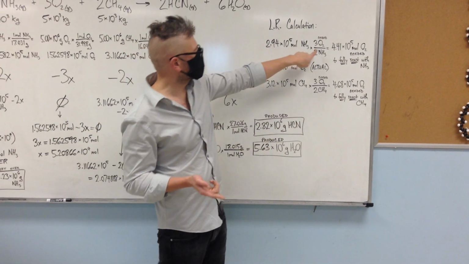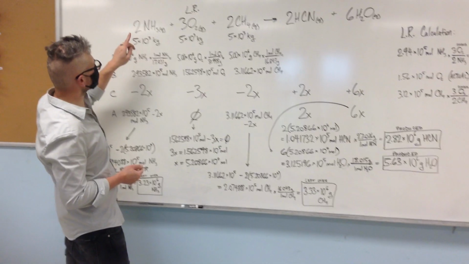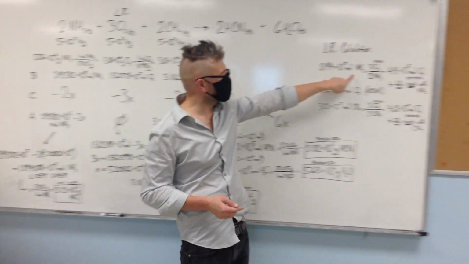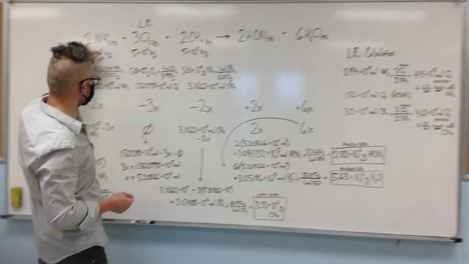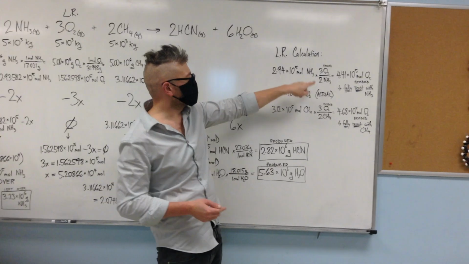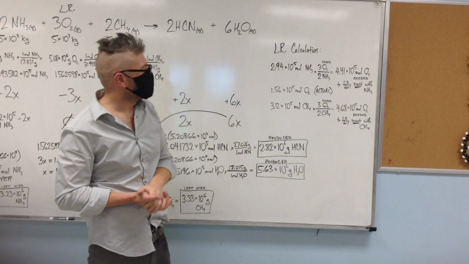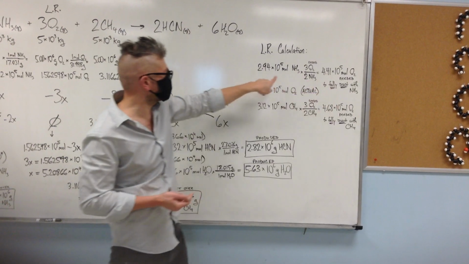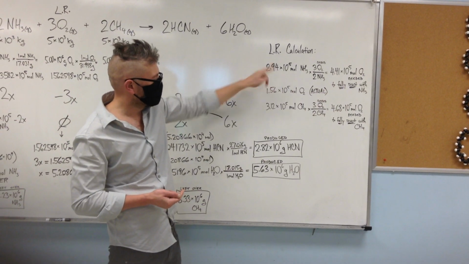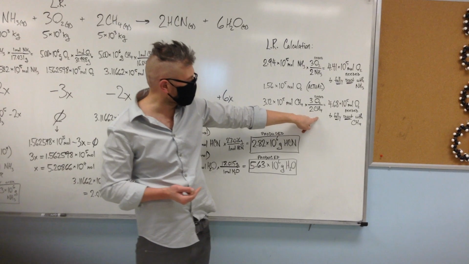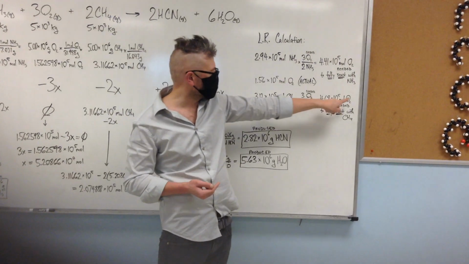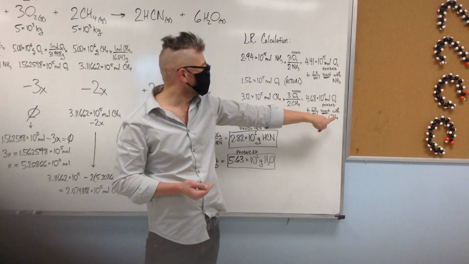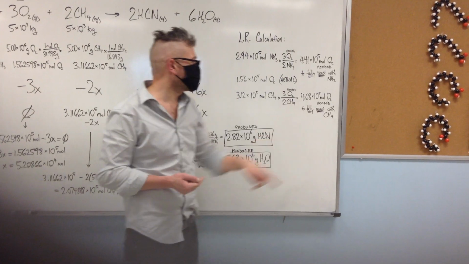So I'm converting them using the recipe. I'm taking my moles of NH3, and there's 2 moles of NH3 that will be required to 3 moles of O2. And so this is the amount of moles of O2 needed to fully react with this NH3, right? Here I'm doing a similar thing with CH4, and here I have the moles of O2 needed to fully react with CH4.